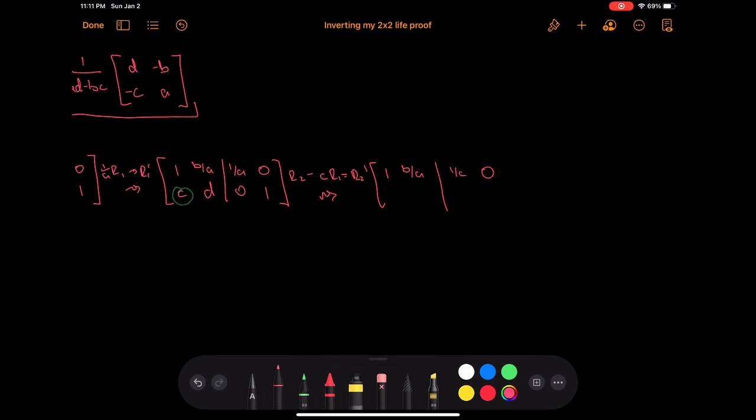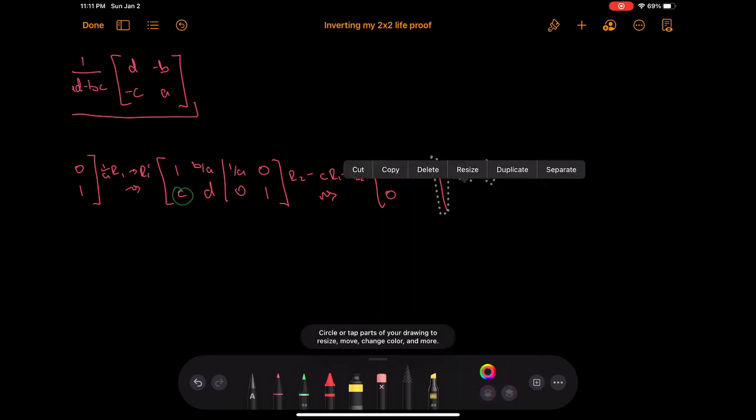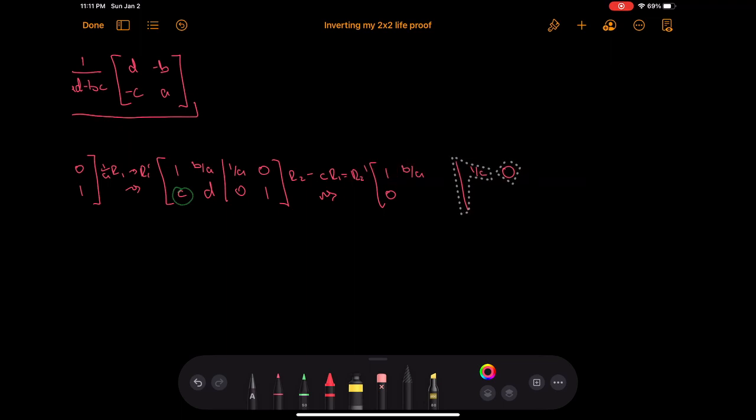Then we have C minus C, so that'll be 0. And then here we have D minus BC over A. And on the right side we'll have negative C over A, then 1.